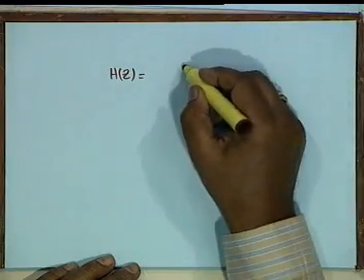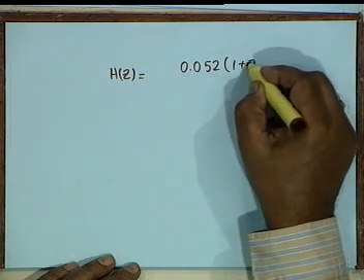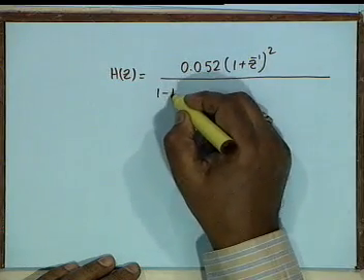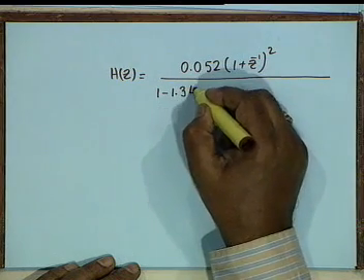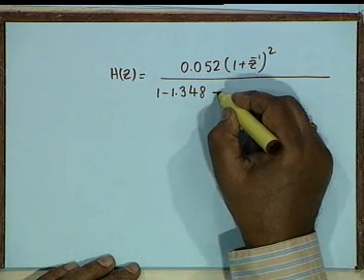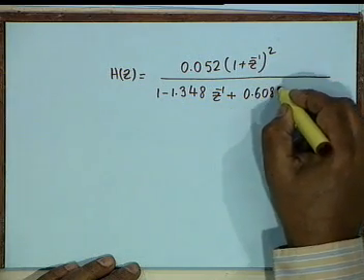I will skip some of the intermediate computations. So the final result is 0.052 times 1 plus z inverse whole squared divided by 1 minus 1.348 z inverse plus 0.608 z to the minus 2.